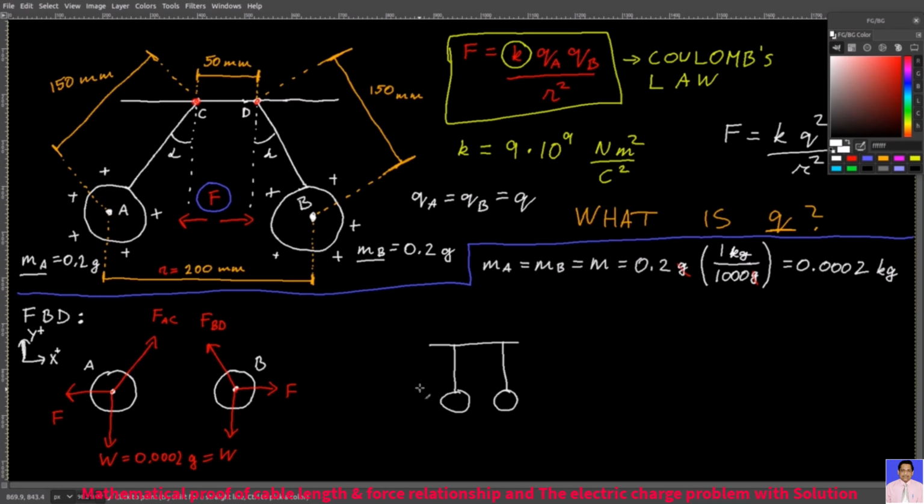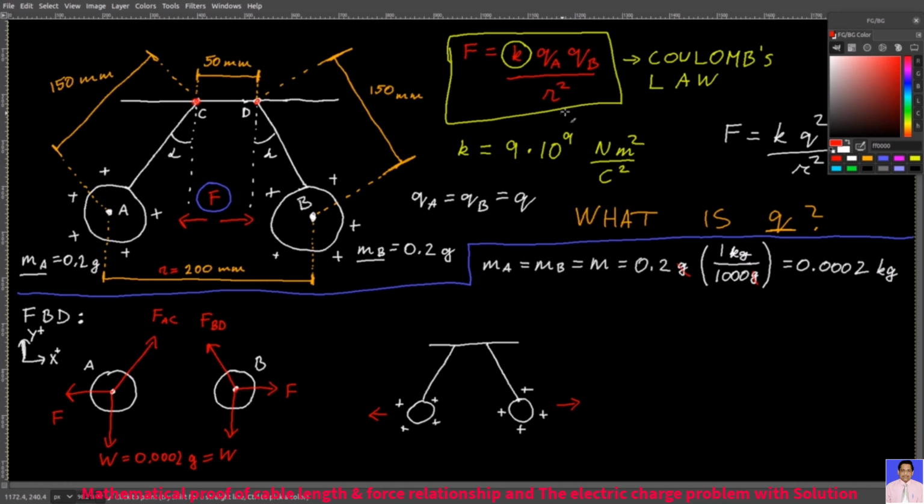So at the beginning, when they don't have charge, they are like this, but once they start experiencing this electric force, because you introduced a certain amount of charge into these spheres, since their masses are the same, and the wires also have the same length, they will accelerate in the same way until they reach equilibrium.